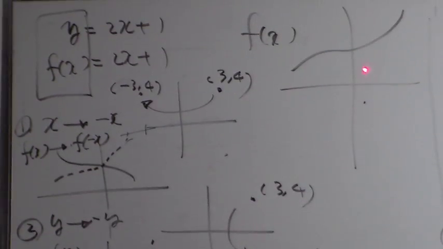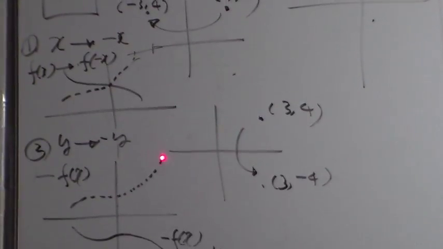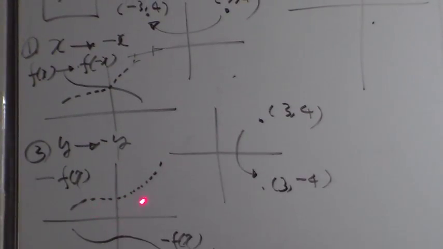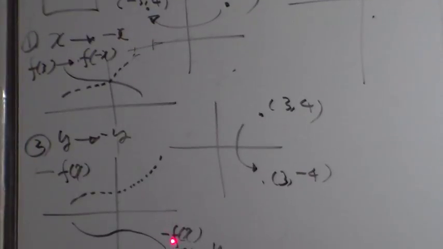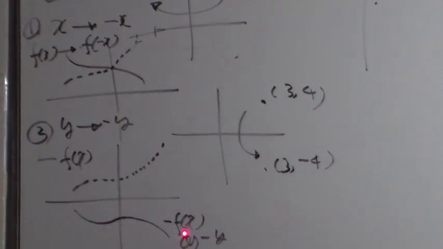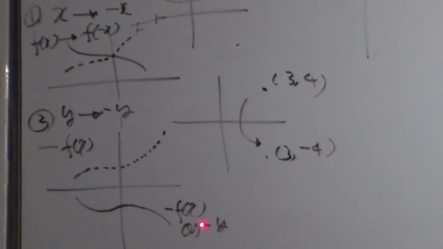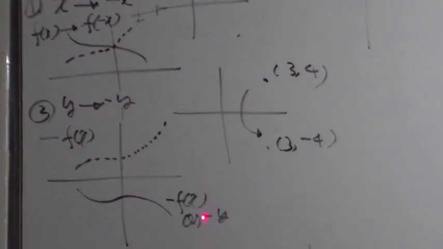This is the original graph. Turned around the x-axis, it will be this one. So this graph is minus f of x, or minus y. It's the same meaning.